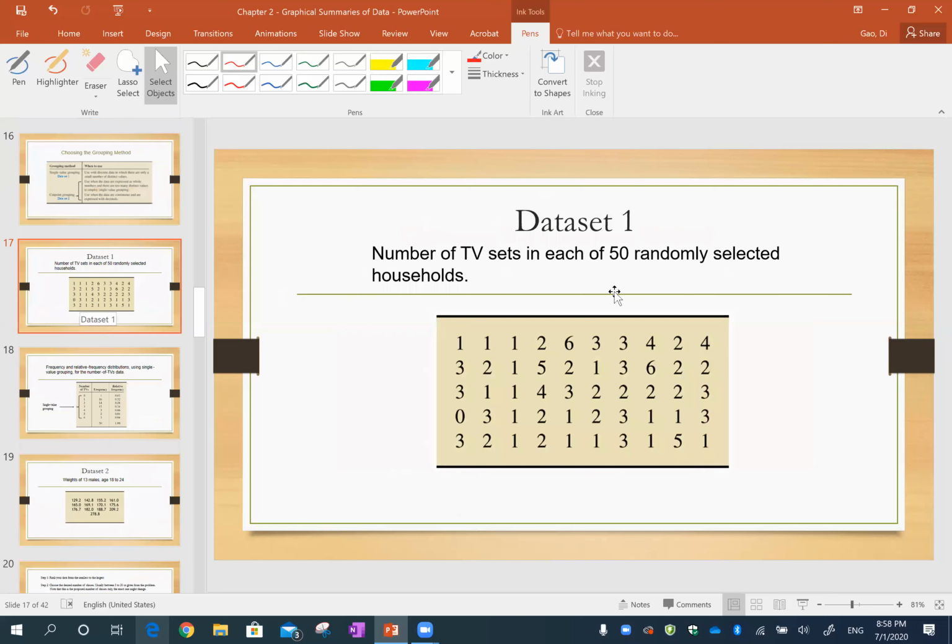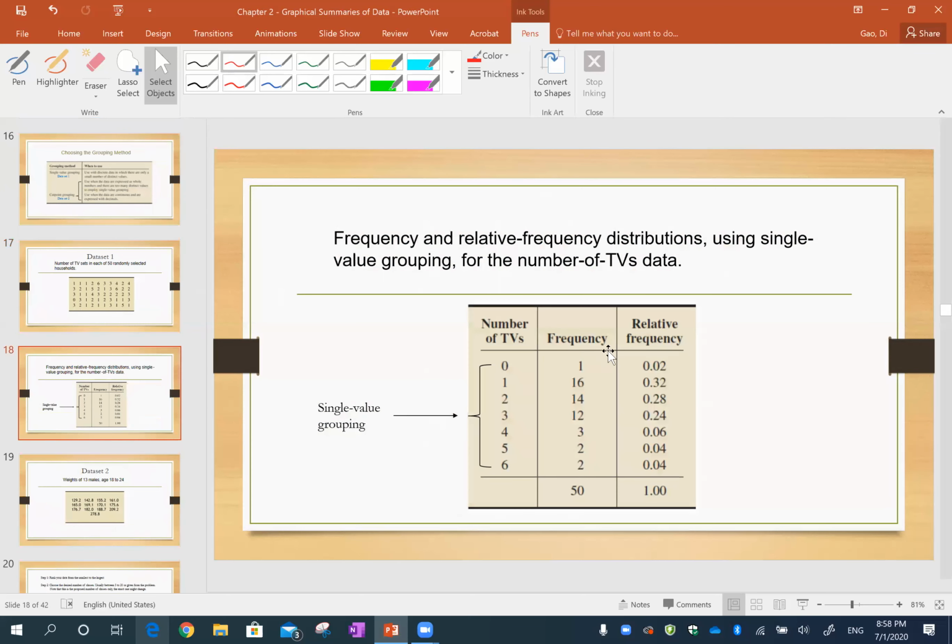So now let's see how to apply those two different types of grouping method. For data set 1, the classes are just the distinct values. We start with 0 and put them in increasing order: 0, 1, 2, 3, 4, 5, 6, and then we count how many numbers we have for 0, for 1, for 2, for 3, for 4, for 5, and for 6.